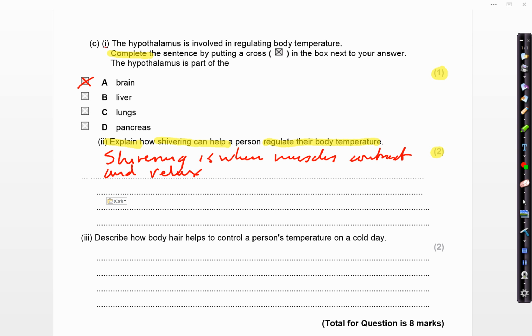So what we've got here, shivering is when muscles contract and relax.